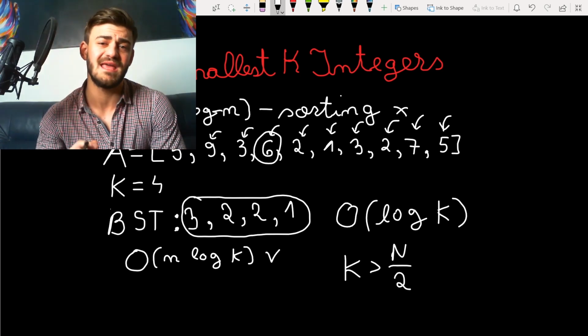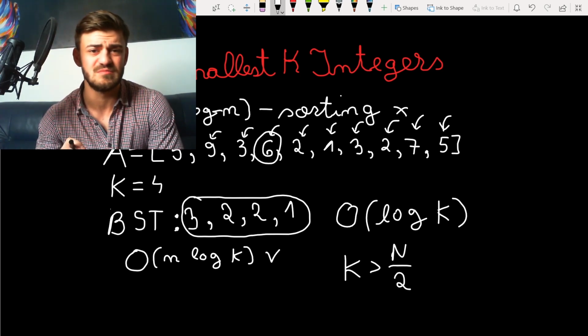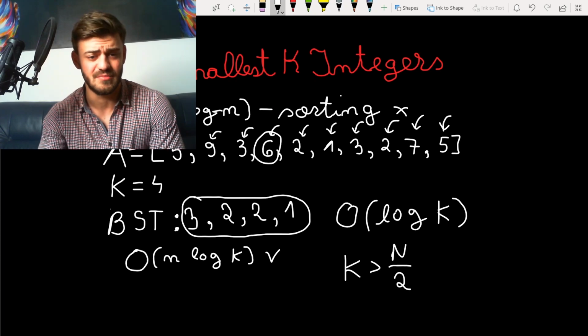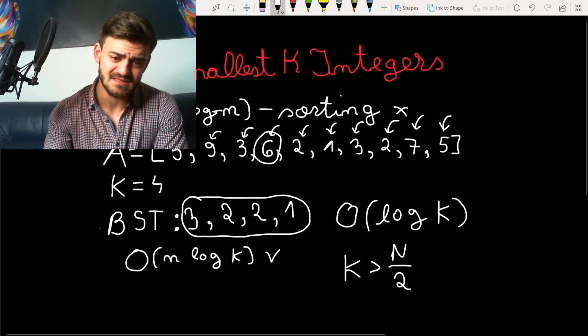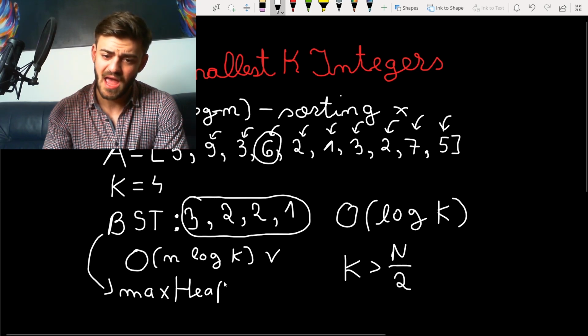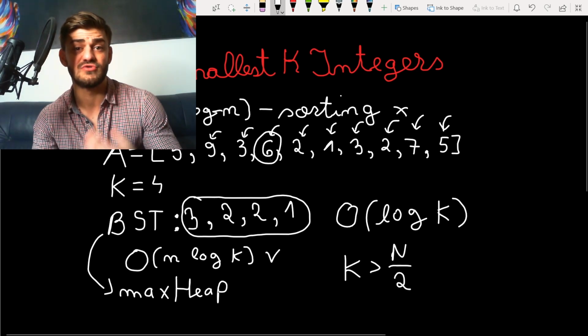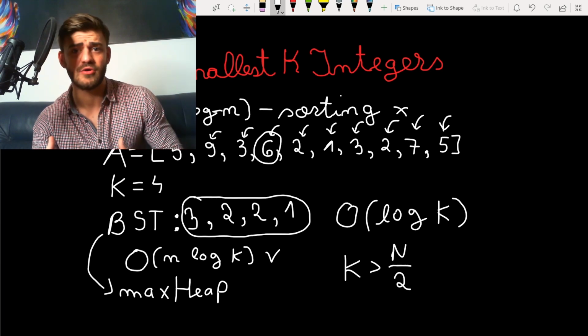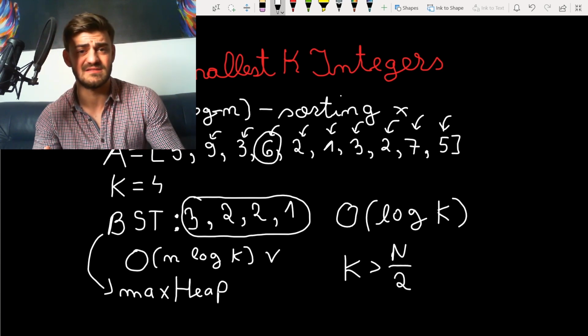For the smallest k integers problem, that is going to be a heap, right? So instead of this BST, I can smoothly use a max heap, which again is going to provide me big O of log k per operation, and we are able to take the maximum value here, compare it to our current element, remove and insert.